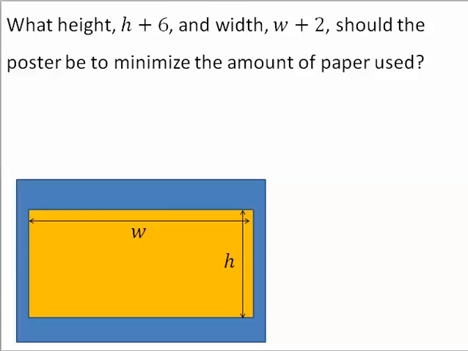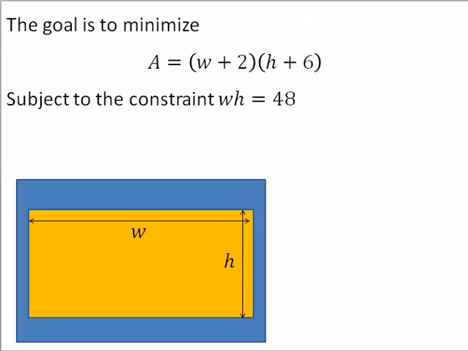What height, H plus 6, and width, W plus 2, should the poster be to minimize the amount of paper used? The goal is to minimize the area W plus 2 times H plus 6, subject to the constraint W times H equals 48.